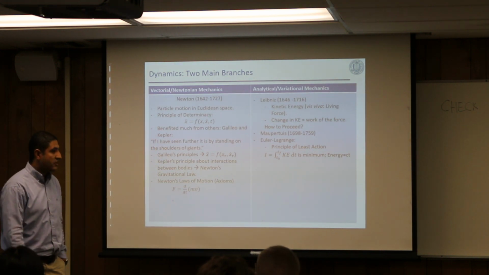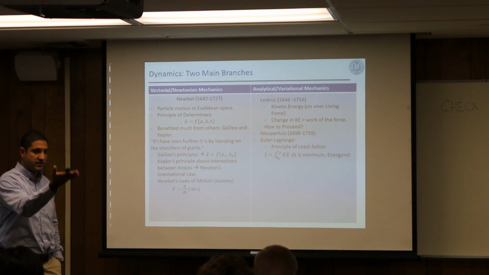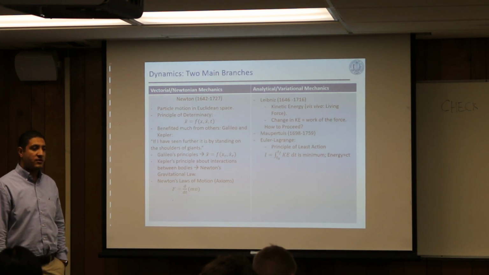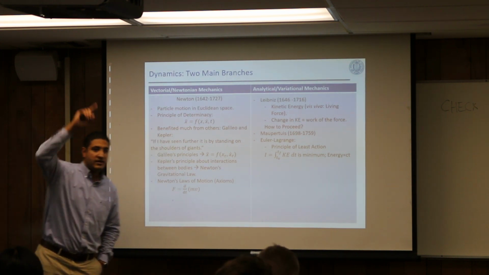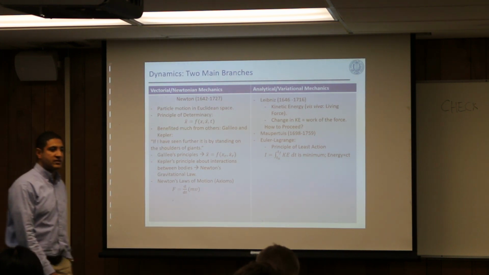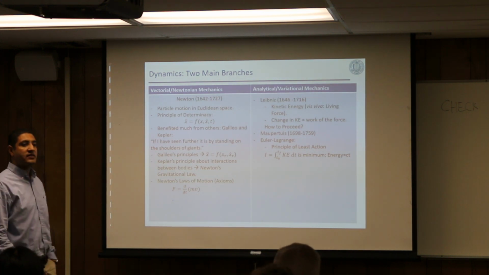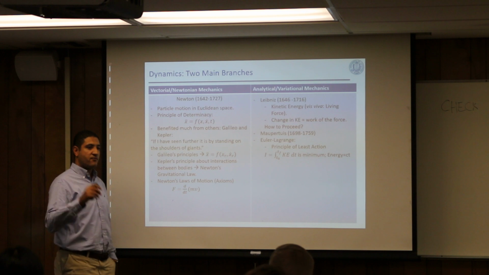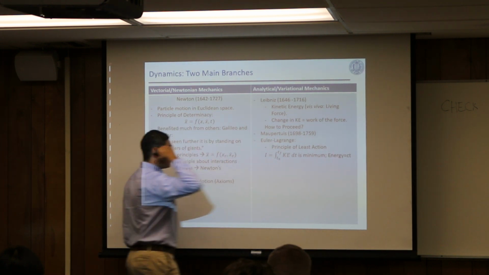Okay? So every single motion in that universe, if I just let this guy fall down, if a spacecraft is orbiting, if just one of the planets is orbiting, whatever, all these behave and move such that this integral is minimized.